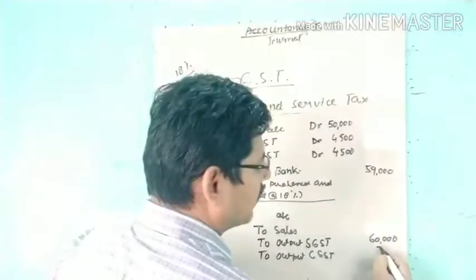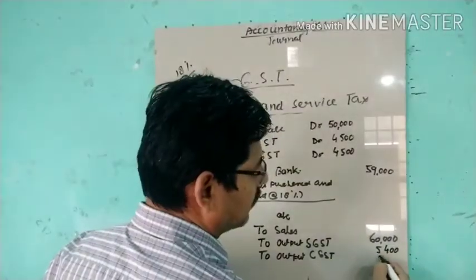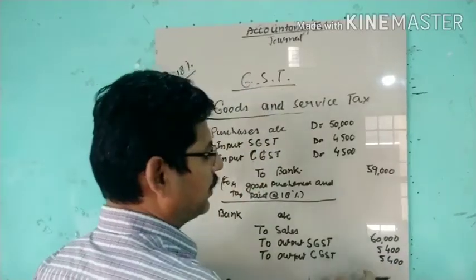So this comes to 5,400 and this is 5,400.